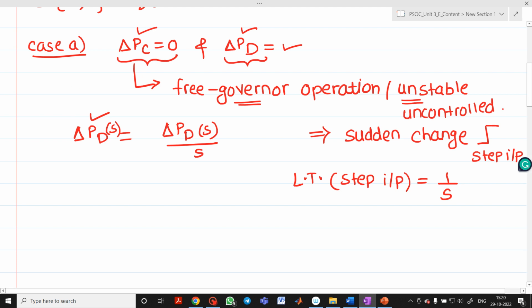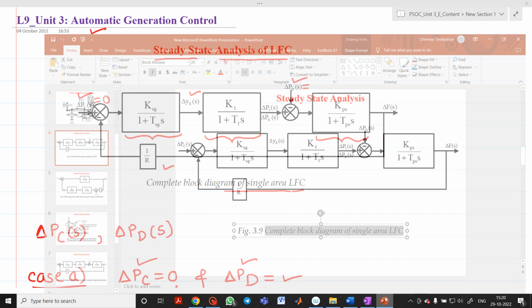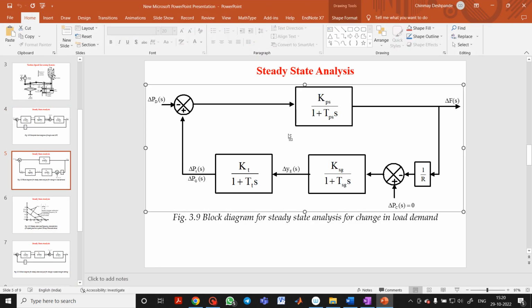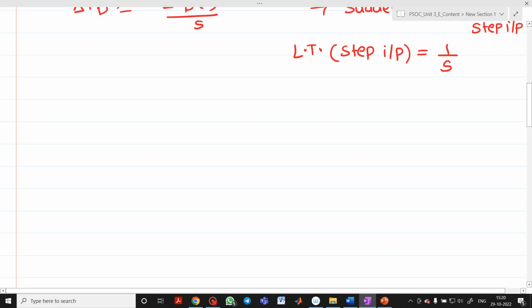So now let me redraw this block diagram. I am going to consider delta PC equal to 0 and this particular input acting alone. I will just copy paste this diagram because I have already drawn it.